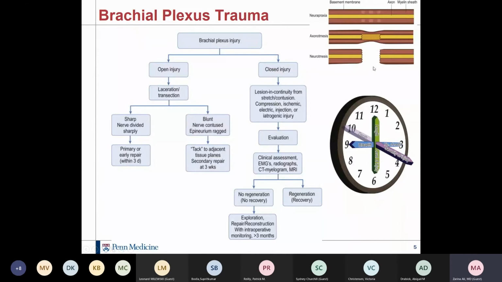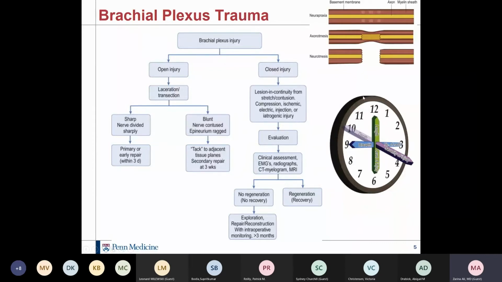And then lastly, a neurotmesis injury, this is where you have a full transection of the nerve, and those almost always require surgery because they have no chance of spontaneous recovery. But as you can see, we're constantly thinking about, number one, time, because time is nerve, right?